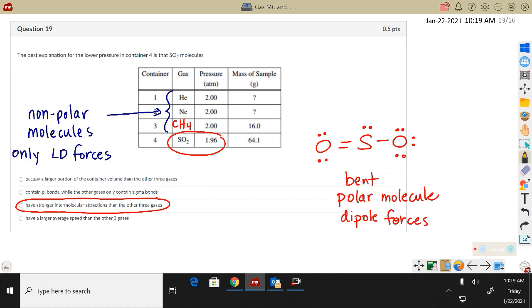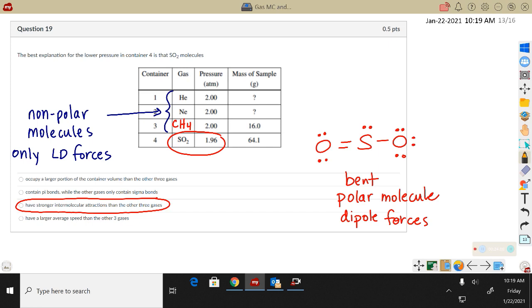And finally, here's another good one. The best explanation for the lower pressure in container 4. So it's just a little bit less than the other 3 containers. But this was the same gas that I had to draw for a previous question. And it did end up being bent, which is polar. And all of the other ones are totally non-polar and would just have London forces.